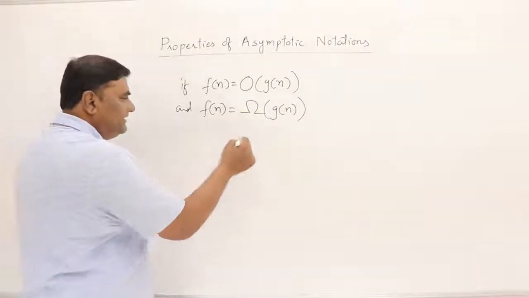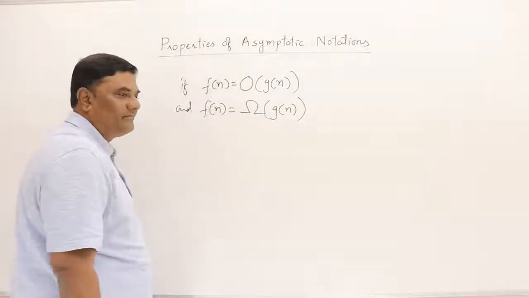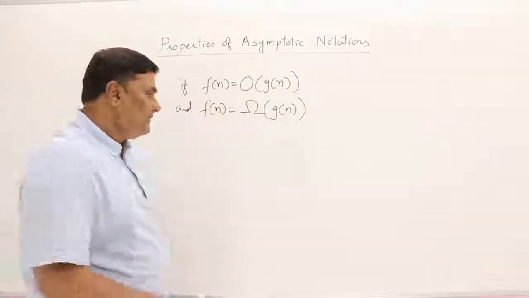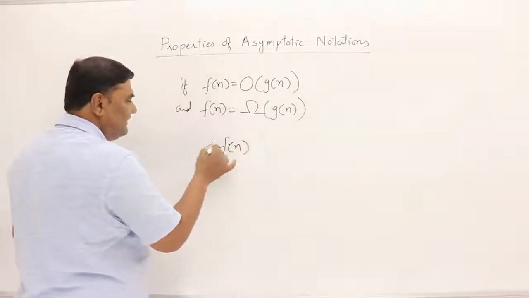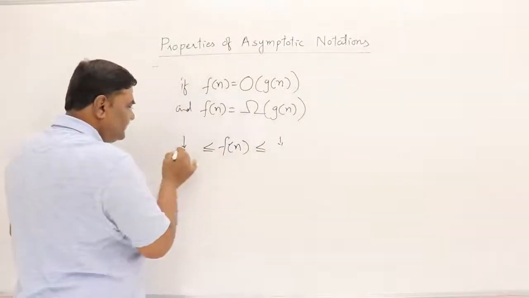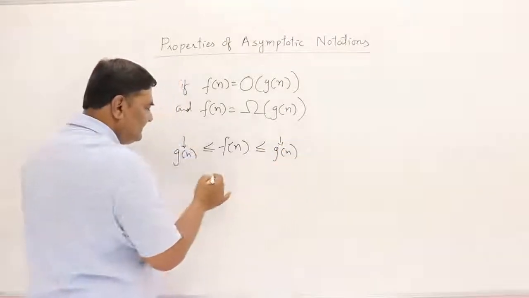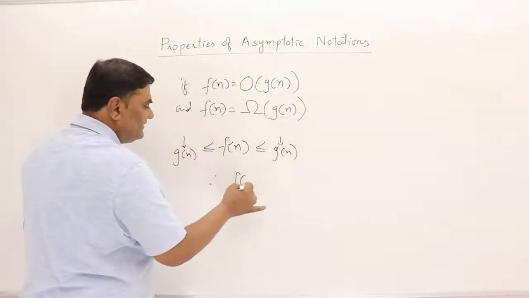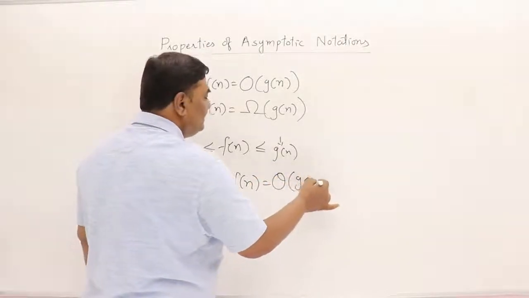Then f of n is here, acting as a lower bound as well as an upper bound. So when you have the same g of n on both sides, therefore f of n is theta of g of n.